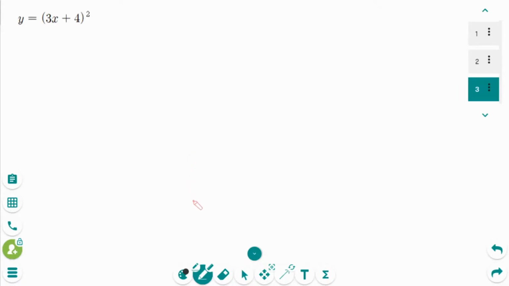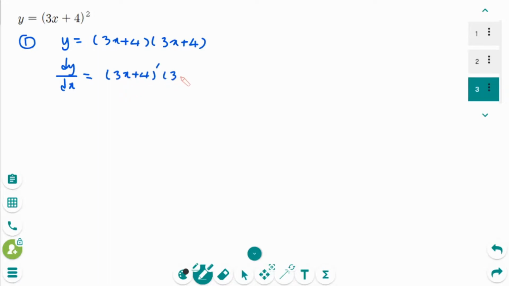Shall we differentiate y equals (3x plus 4) squared? The first way, use the product rule. So we can rewrite as (3x plus 4) times (3x plus 4). dy/dx equals (3x plus 4)' times (3x plus 4) plus (3x plus 4) times (3x plus 4)'.